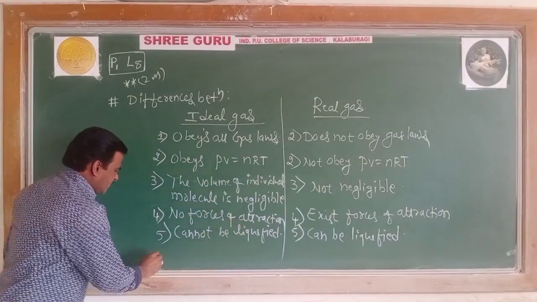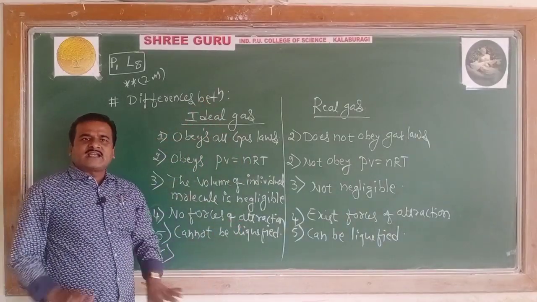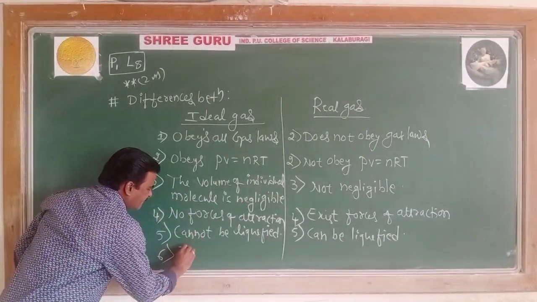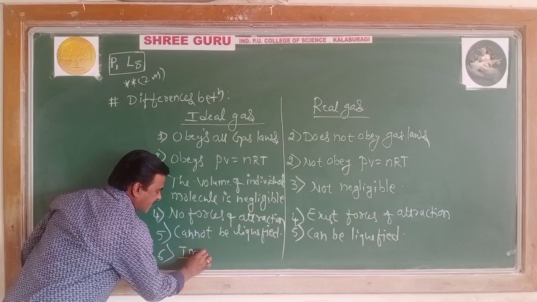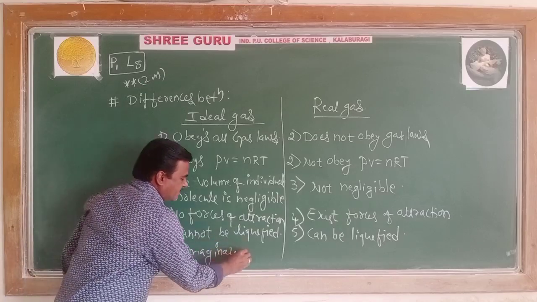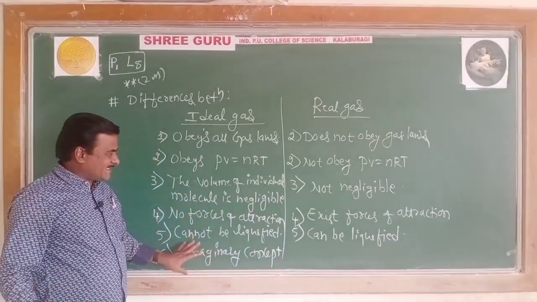Coming to the last point, the 6th one: ideal gases are imaginary gases. The existence of an ideal gas is an imaginary concept. In real sense, no such gas exists.